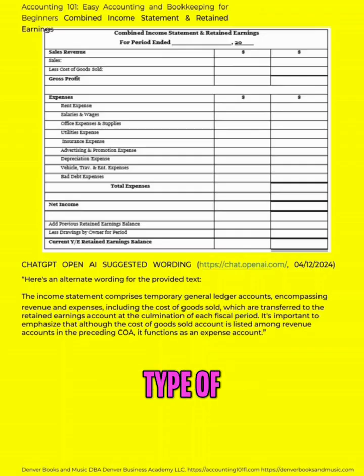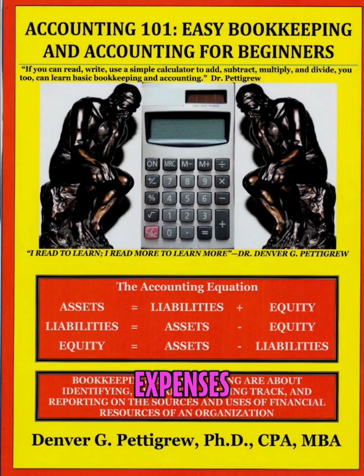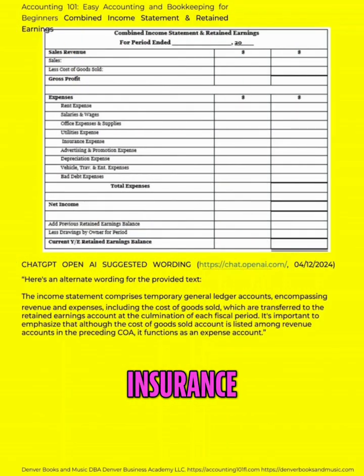Some popular types of expenses of firms include rent expense, salaries and wages, office expense and supplies, utilities expense, insurance expenses, workers' compensation insurance expense, advertising and promotion expenses, depreciation expenses, bad debt expenses, and vehicle, traveling and entertainment expenses.